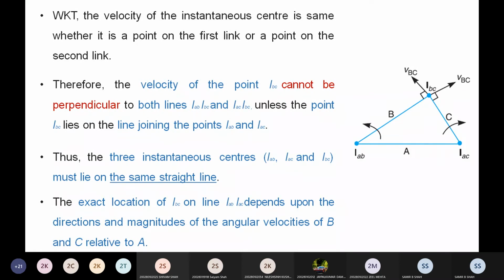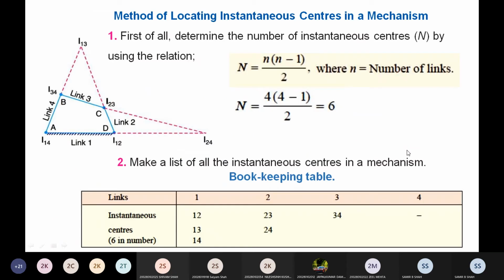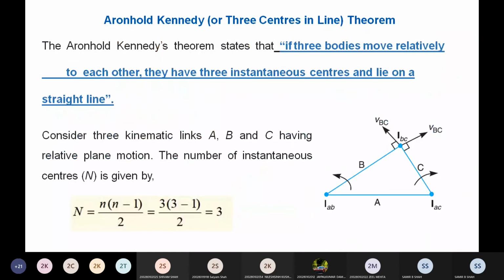So the exact location of IBC on the line IAB IAC depends on the direction and magnitude of the angular velocity of B and C relative to A. It may not be here, but it may be on this line, and definitely that line is a straight line. So as per Kennedy's theorem, if three bodies move relative to each other, they have three I centers and all three centers are on a straight line.